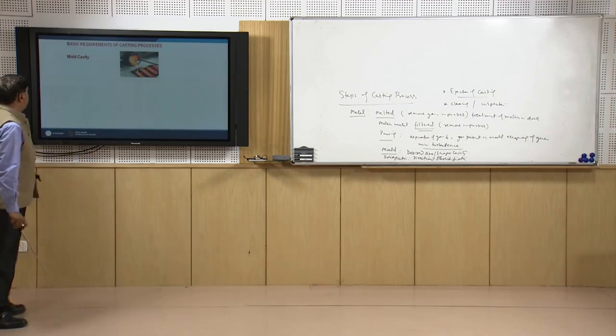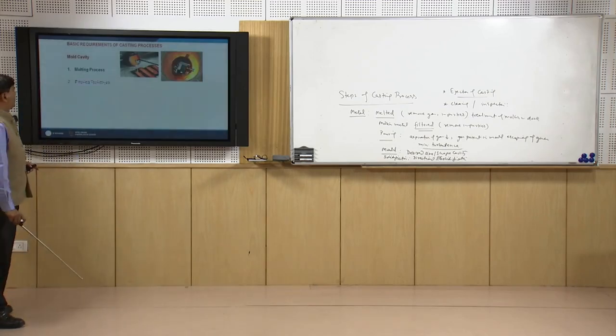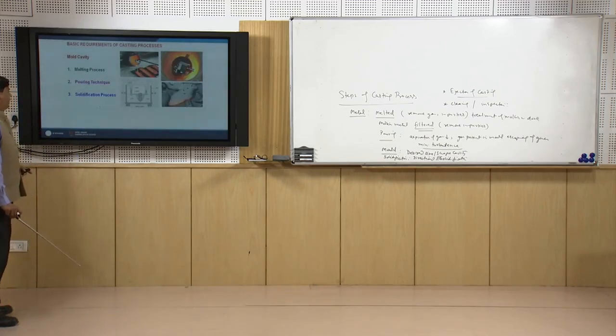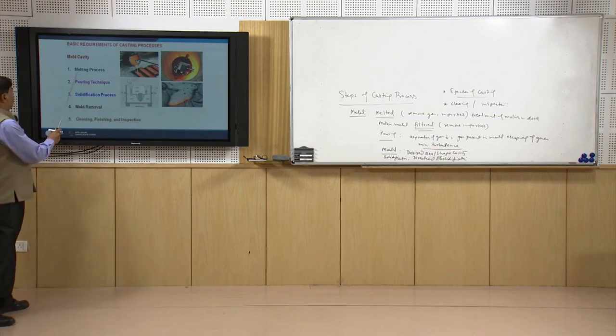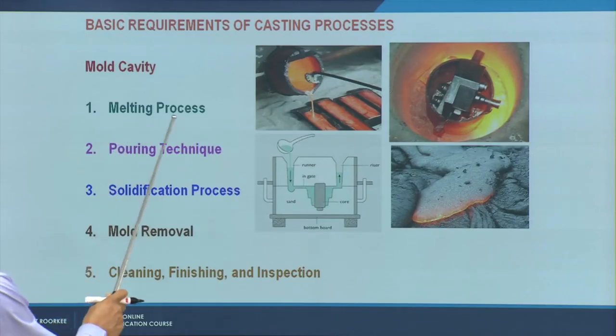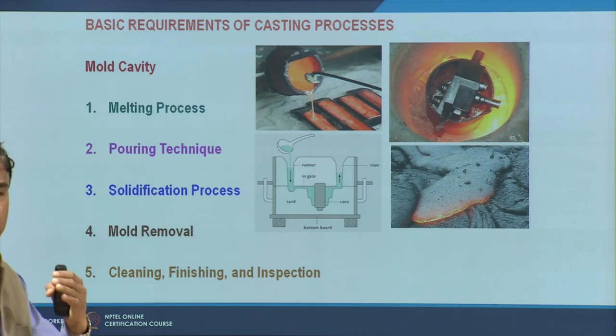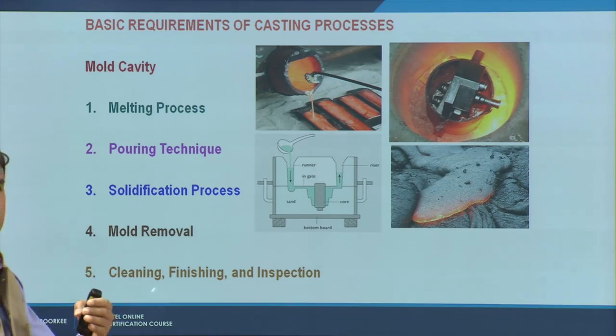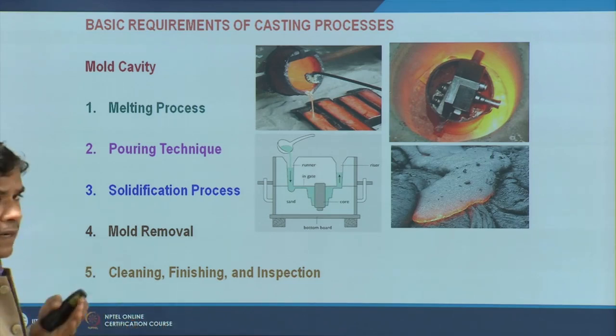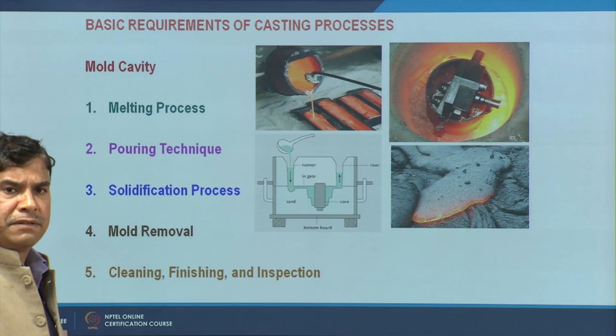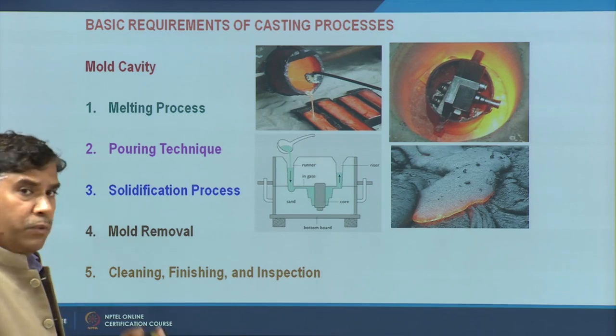So, here what are the steps? Like this, the melting, and the melting of the metal is realized using a suitable heating system. It may be an electric furnace, electric resistance heating based furnace, arc furnace or coal fired furnace.